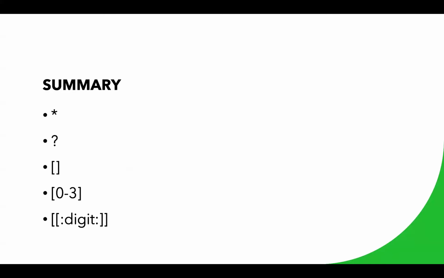Today you have learned how to use wildcards. You learned that star means 0 or more characters, and that the question mark matches exactly one of any character. You also learned about character classes and how you can match any characters included between the brackets.